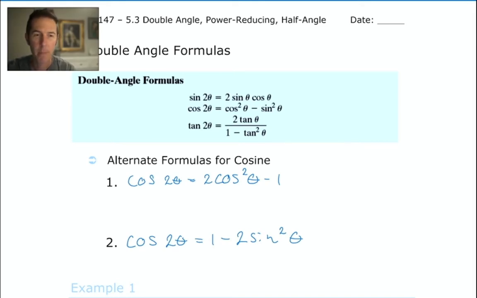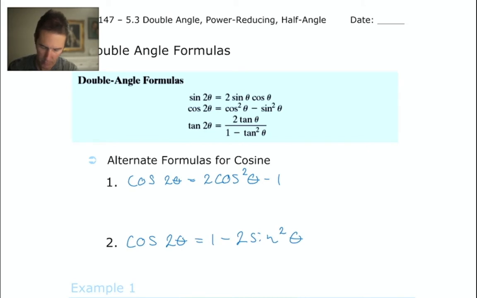Let's see if we can solve some problems. First, we've got the double angle formulas, and there are a couple of alternate versions for the cosine double angle formula. And those are derived from a use of the Pythagorean identity. So in this original cosine double angle formula, we could take cosine squared and replace it with 1 minus sine squared, combine like terms, and you get 1 minus 2 sine squared.